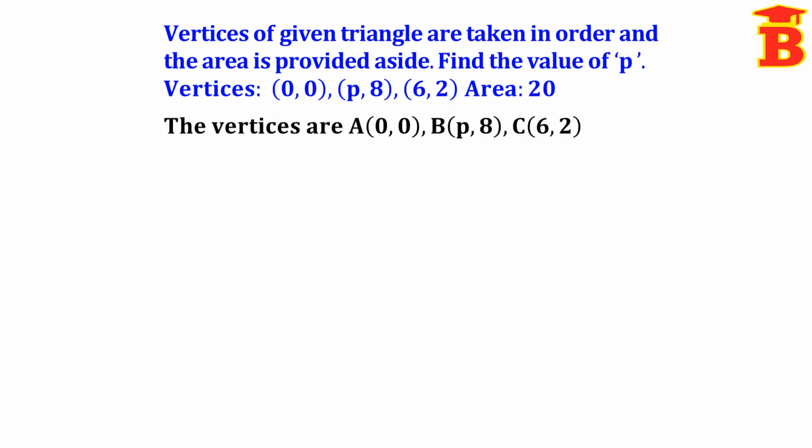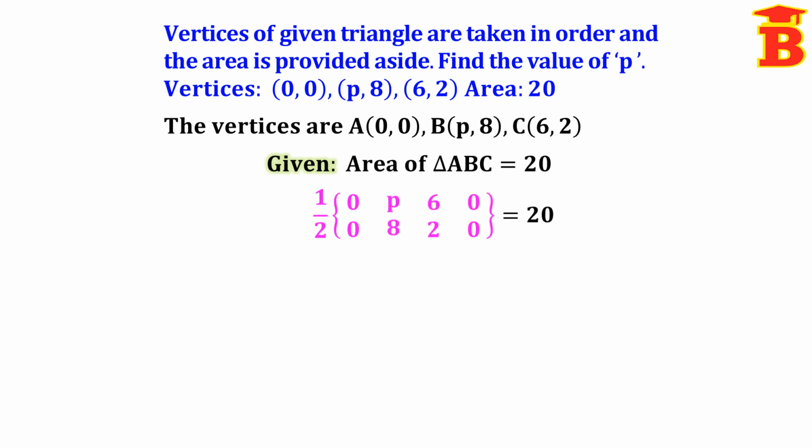We take the vertices A, B, C. So A (0, 0), B (P, 8), C (6, 2). Given area of triangle ABC equal to 20. And area of triangle, we use the same procedure, half into first point, second point, third point, again first point.